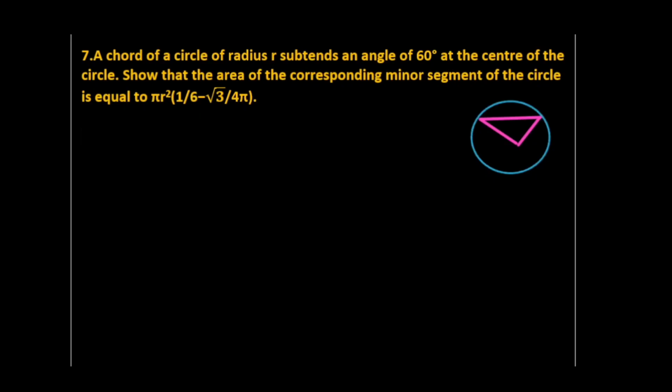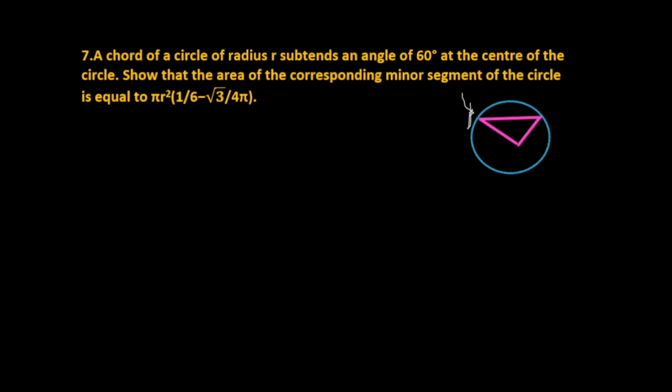So we will take chord AB. AB is a chord, O is the center, and the angle subtended at the center is 60 degree. Radius R, angle 60 degree.